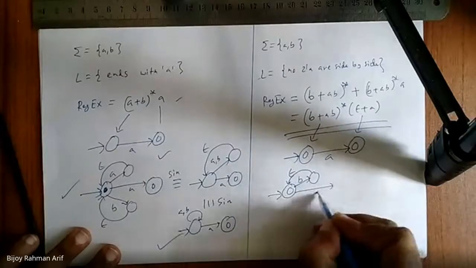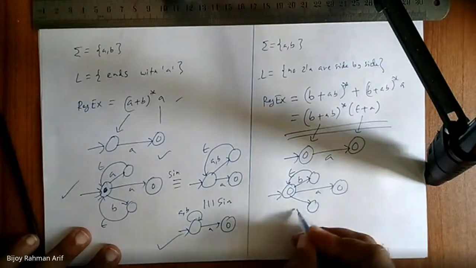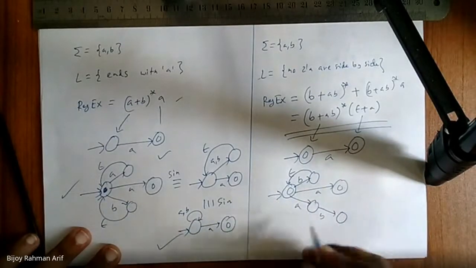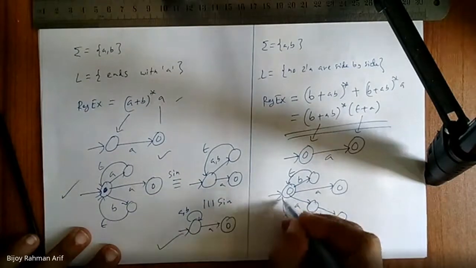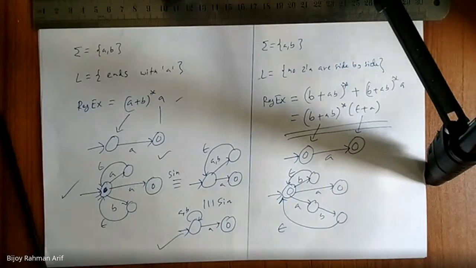B, maybe epsilon, that's a back edge. Epsilon, A, this is of course the final state. And here it is AB, that means A, B. Then I'm going to return by this. Done. We are done.